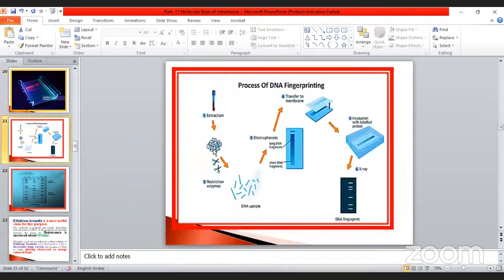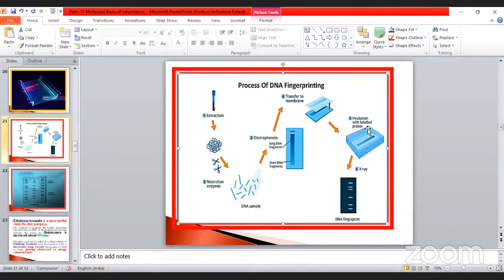See the next one, we already saw it: extraction, cutting. The DNA samples are collected and we did electrophoresis. After that, it is transferred to the membrane, which is a nylon membrane or nitrocellulose membrane. The bands we obtain may adhere on the surface of the nylon.